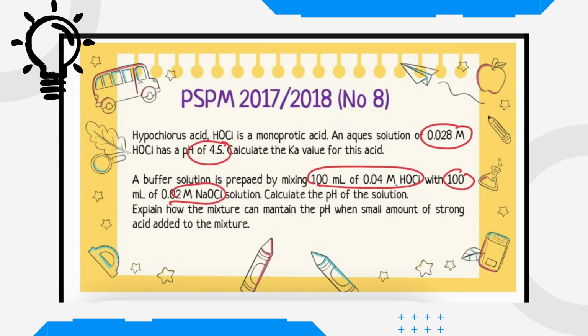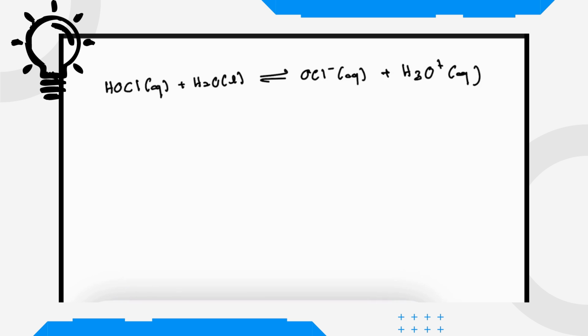Explain how the mixture can maintain the pH when a small amount of acid is added to the mixture. So how to solve this problem? Maybe we can write the equation for the hypochlorous acid. Okay, so this is the acidic part, which is a weak acid, and its conjugate is a base.